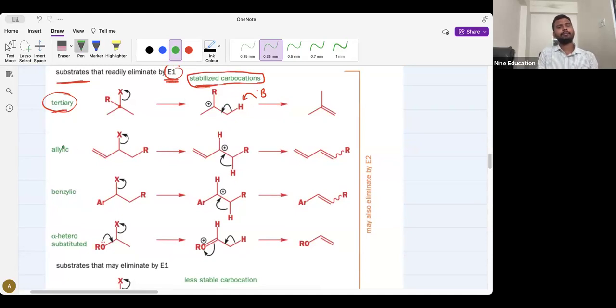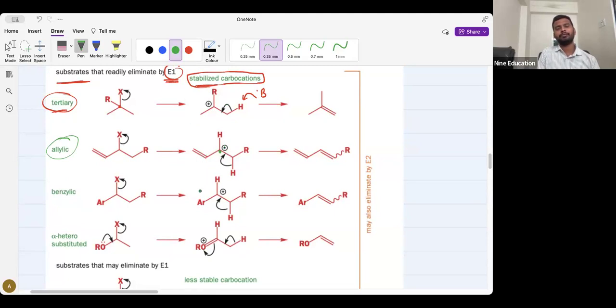Let's say this also, if I have allylic, and if I make a carbocation here, this carbocation is more stable because it can go for conjugation between the pi bond and the carbocation, positive charge and pi conjugation, therefore it is also stable.